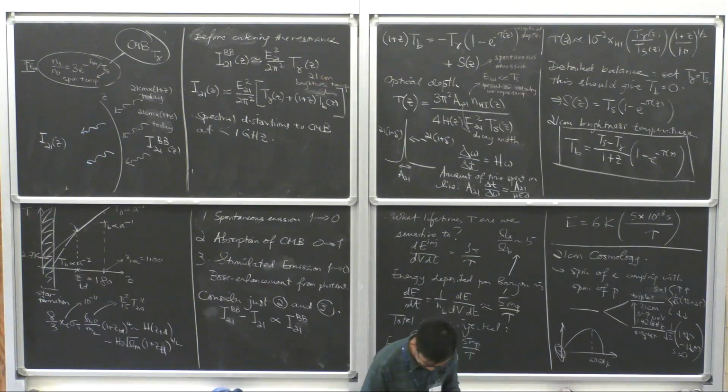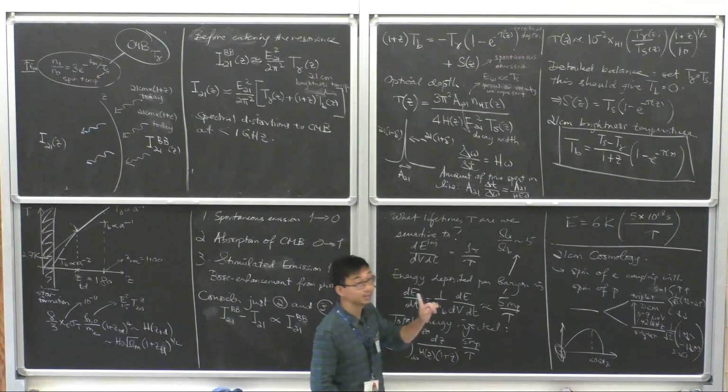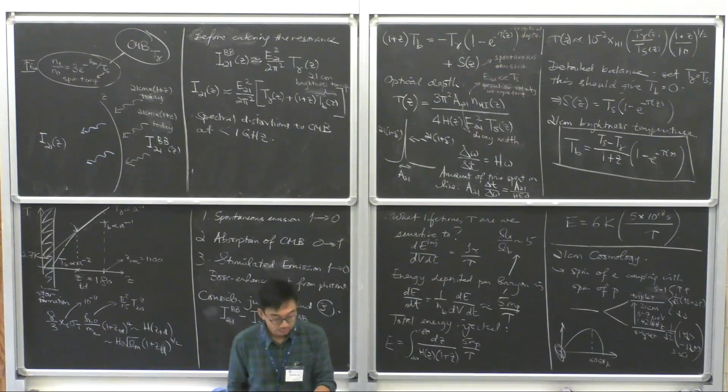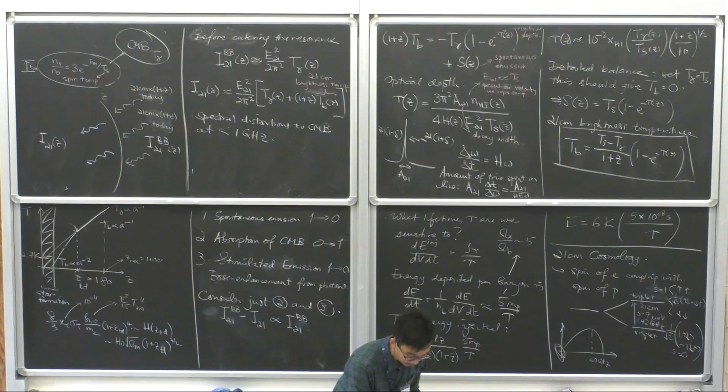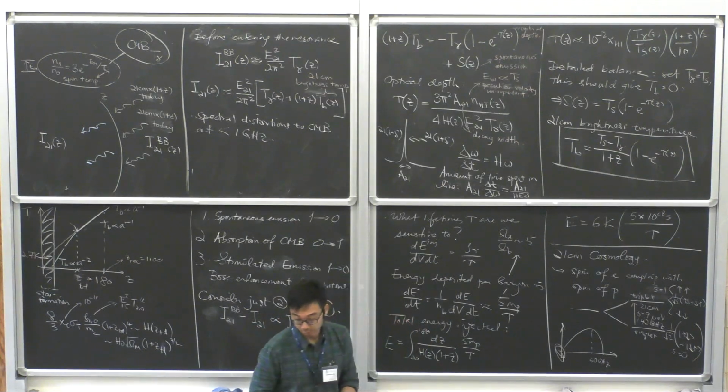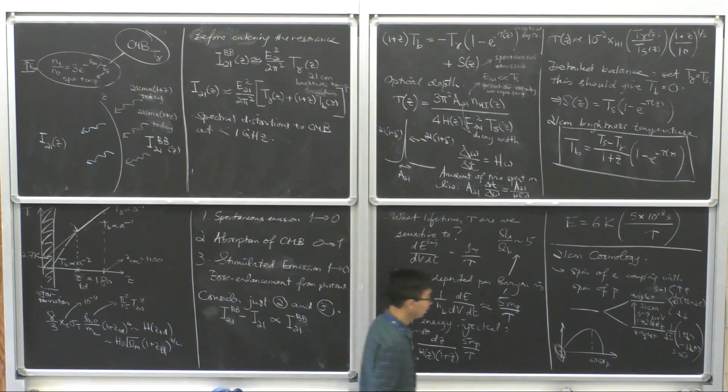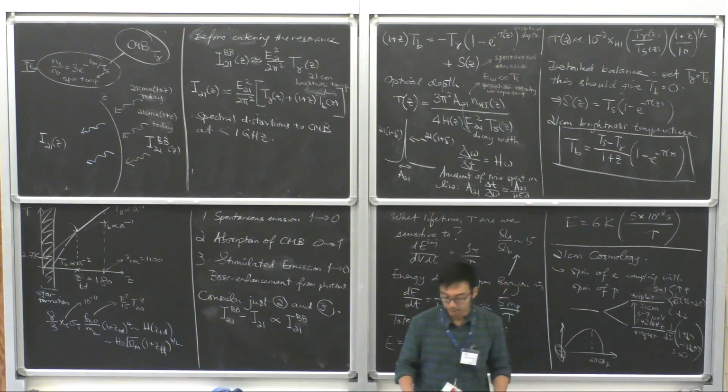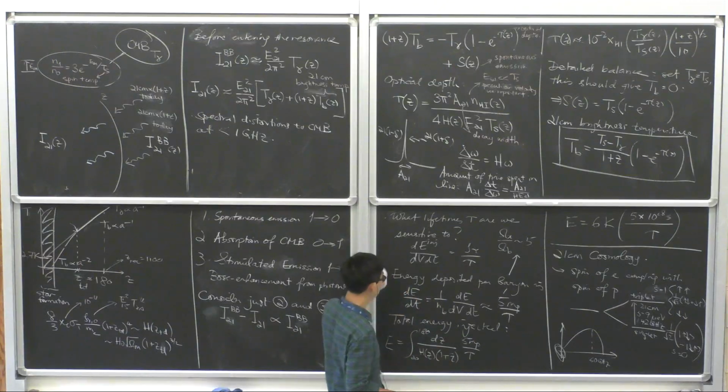Okay, so maybe that was a bit too much detail, but let me finish up by going to the last thing that we need, which is the spin temperature, and telling you a little bit about how the spin temperature and the brightness temperature should evolve as a function of Z. And then telling you a little bit about how we do the measurement.